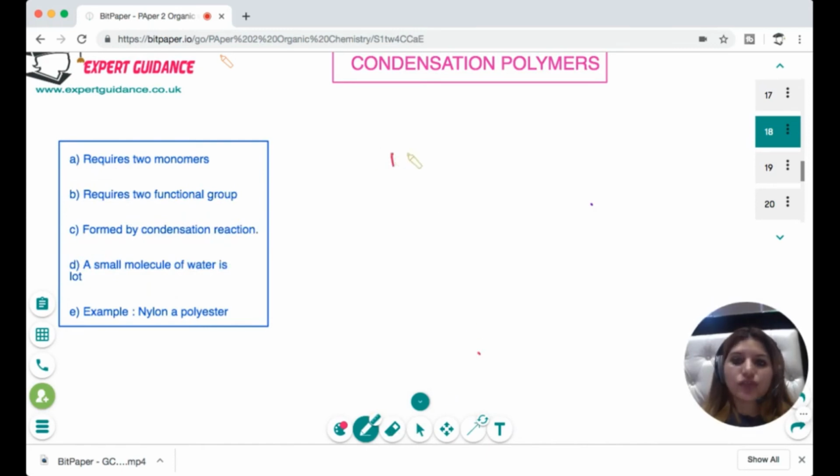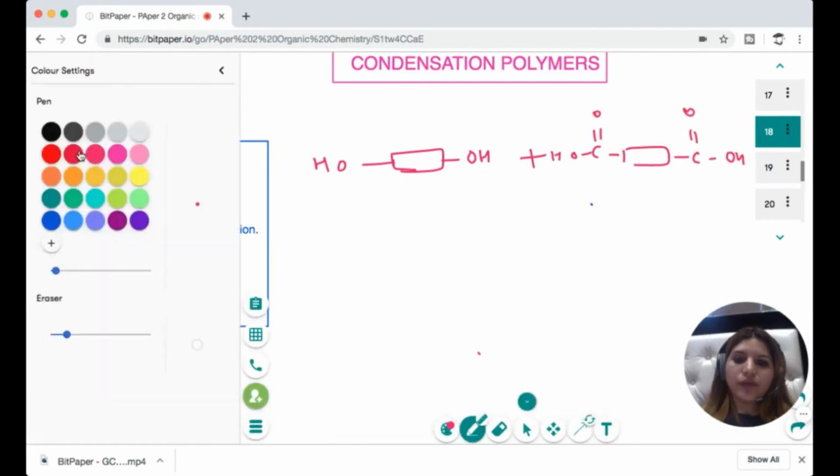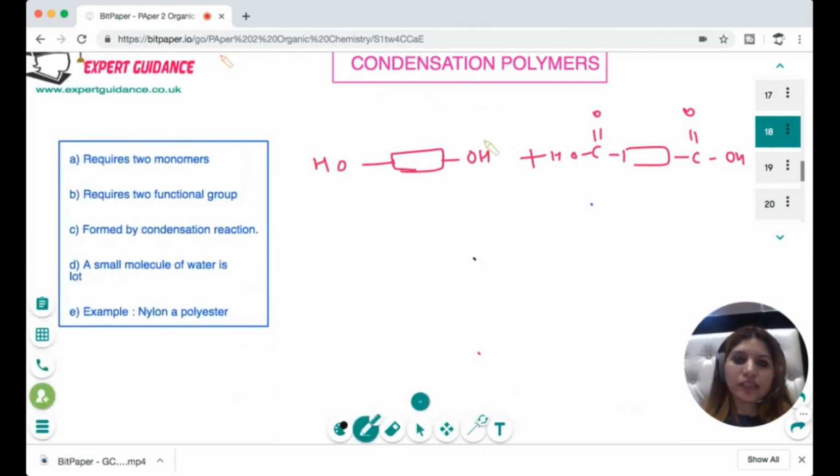It requires two monomers and two functional groups. For example, we have this molecule. We are representing it with a box as a schematic representation, and it has an OH at both ends, and the other molecule has C double bond O, OH at both ends. Now, when we put them together, we will remove a molecule of water by a condensation reaction.